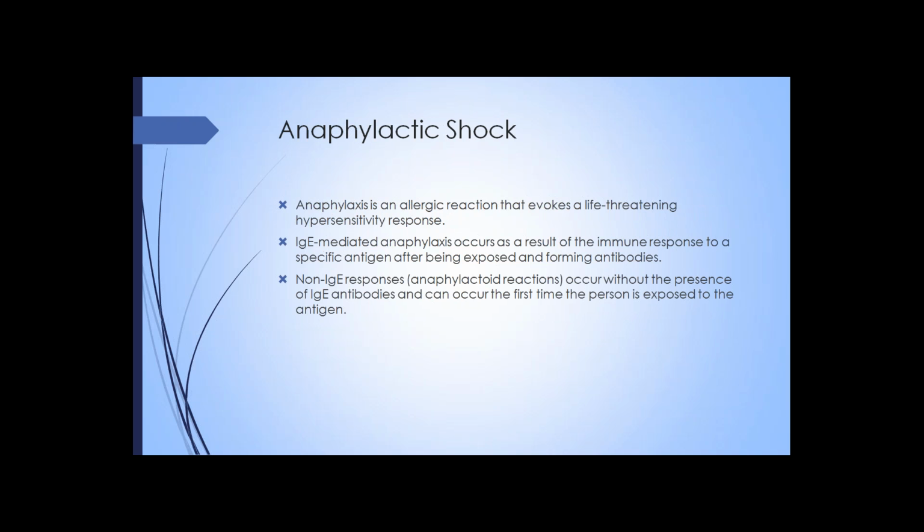Now, anaphylactic shock is actually an allergic reaction that has invoked a life-threatening hypersensitivity response. Now, there's two ways for that response to have happened. Non-IgE means that I have never been exposed to that before.